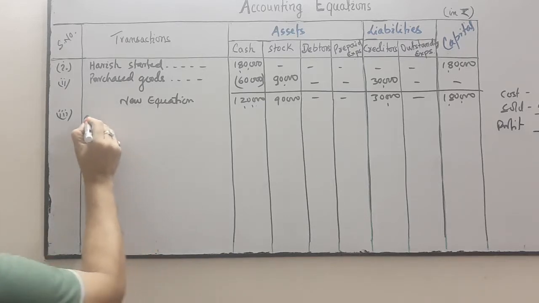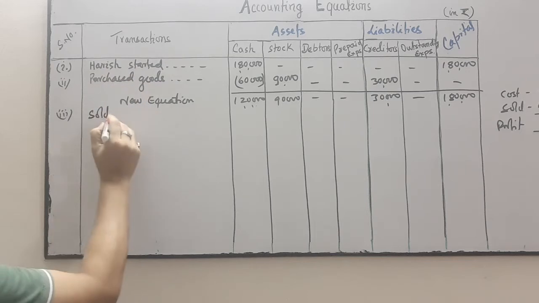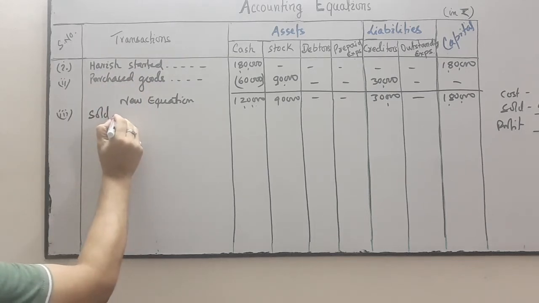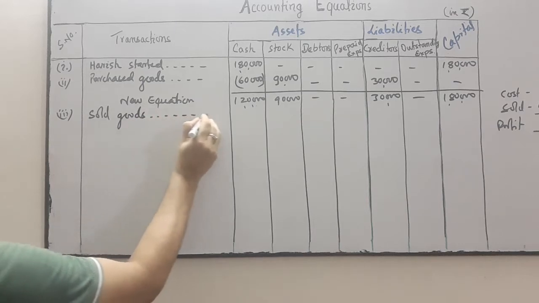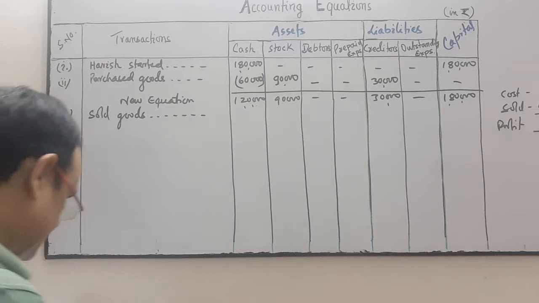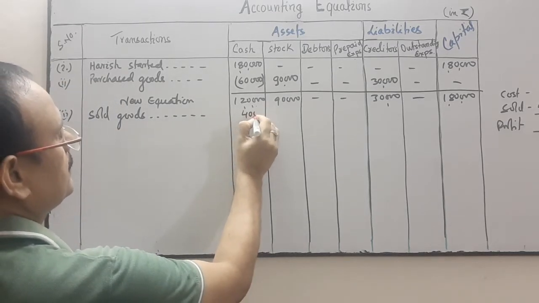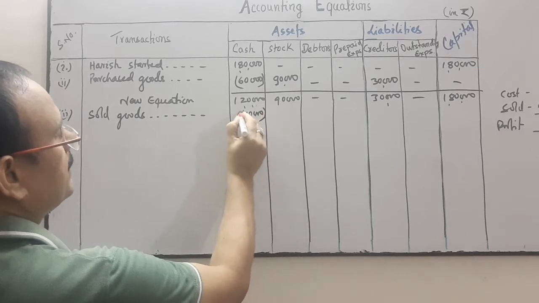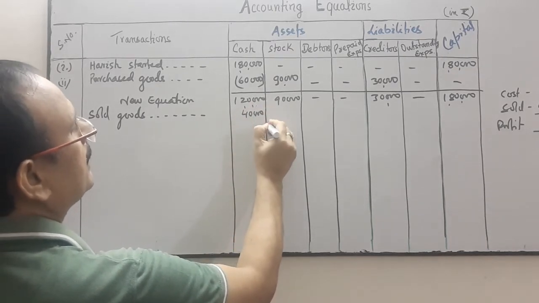So when the goods are sold, we'll write this transaction over here in the transaction column. Sold goods for cash, we'll write it in detail, for cash rupees 40,000. So cash will increase by 40,000.